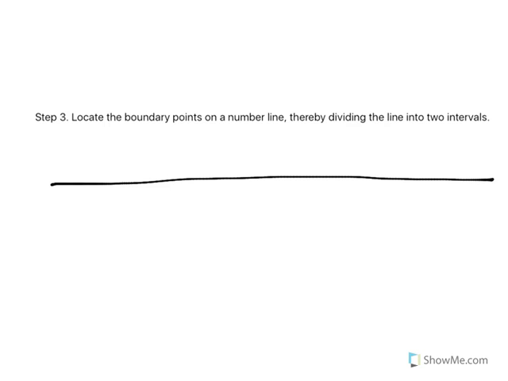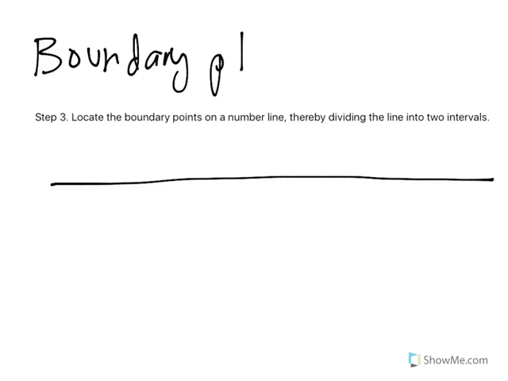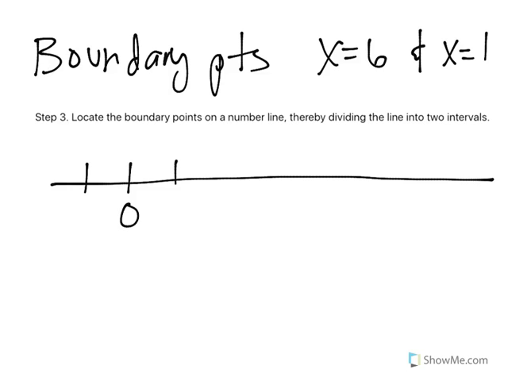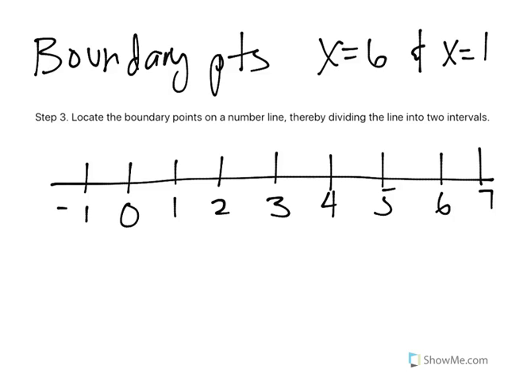My notes up here tell me that my boundary points, which we found on the last problem, are x equals 6 and x equals 1. I'm just going to draw this line here, put a 0 there, negative 1, 1, 2, 3, 4, 5, 6. I'm just going to put a 7 here as well.